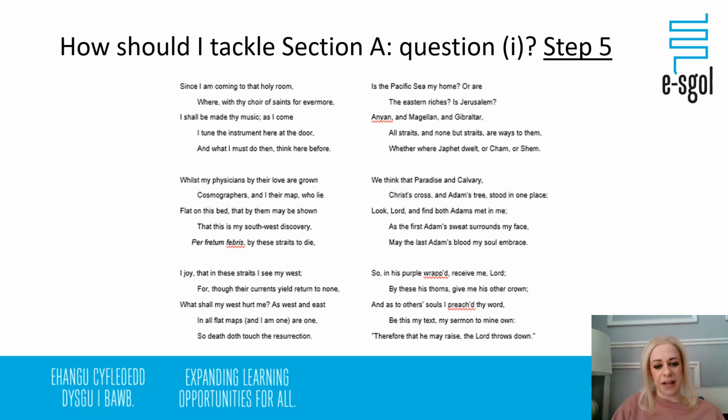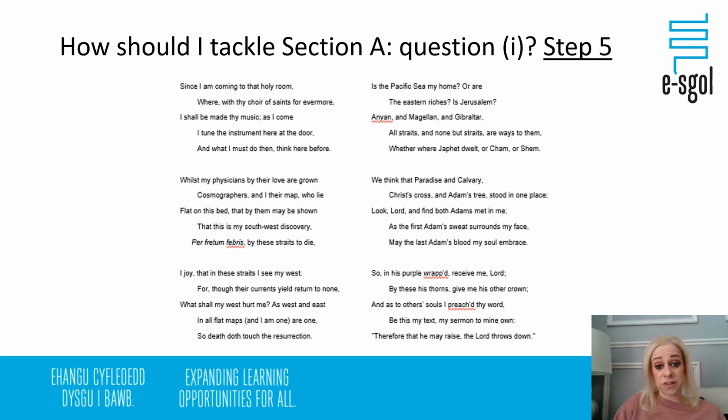Okay, step 5 then. So this is our poem, Hymn to God in My Sickness. Now I'm not going to read the poem out to you. You're either familiar with this poem because you studied Donne, or you're not particularly familiar with it. It doesn't matter. What I want to show you is reviewing those notes.